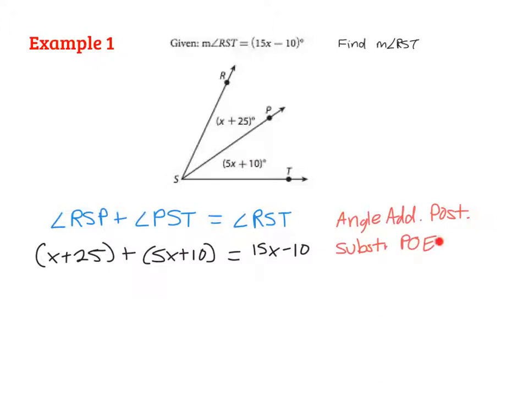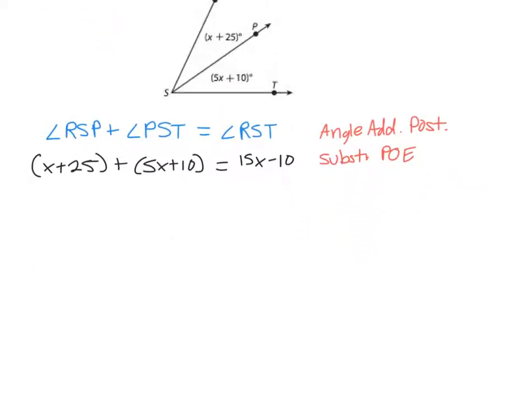I abbreviate that with POE. And now we're just going to combine like terms. So we have 6x plus 35 equals 15x minus 10. This is just combined like terms, so I'll write that as our reason.